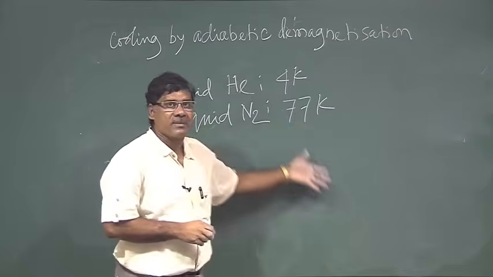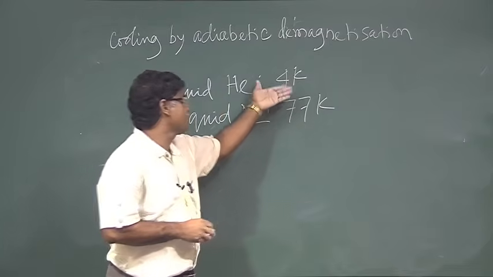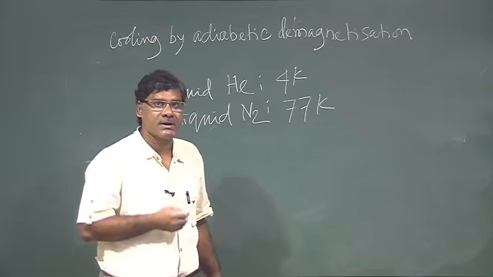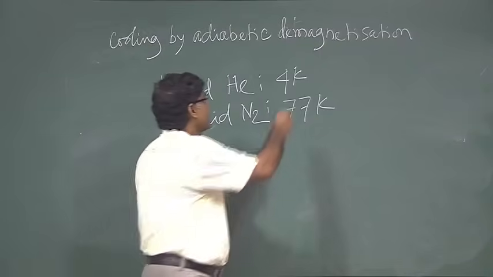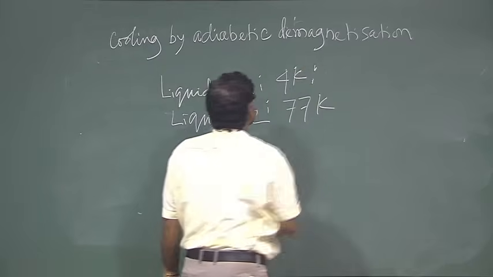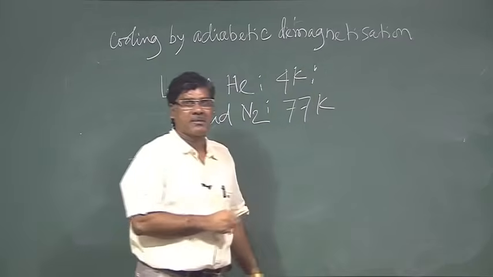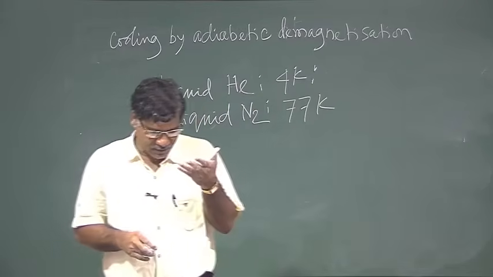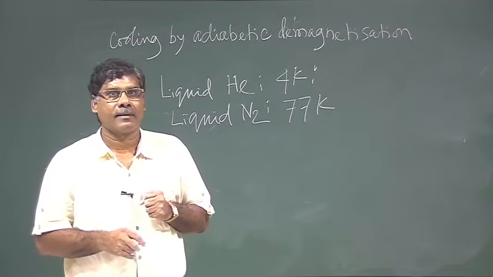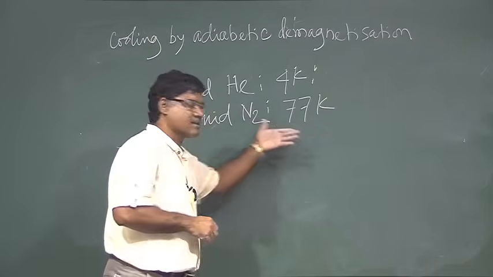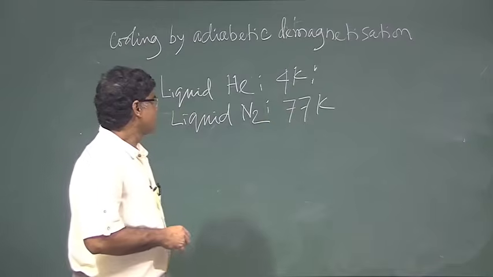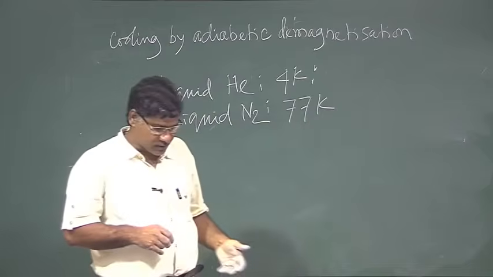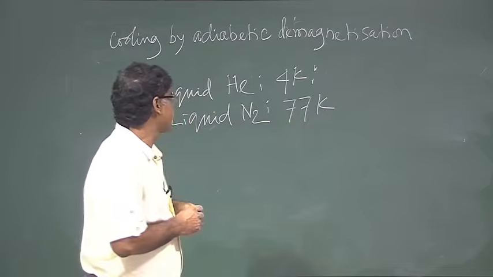So, these are the discoveries basically, and because of this liquid helium, because of this 4 Kelvin temperature one can reach, the discovery of superconductivity came. Liquid helium gives temperature of 4 Kelvin, right. Liquid nitrogen gives 77 Kelvin. So, it is easier to produce, and in many labs it is produced and used for experimental purposes.